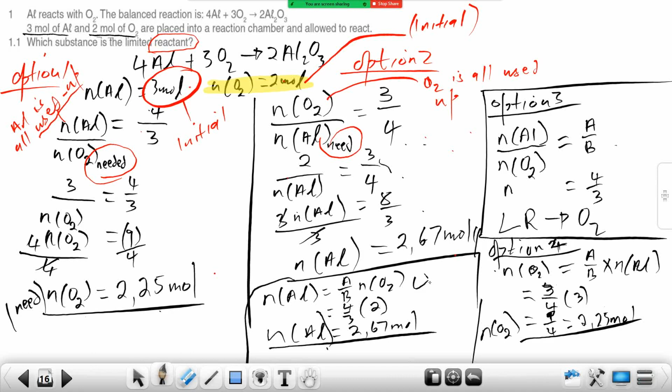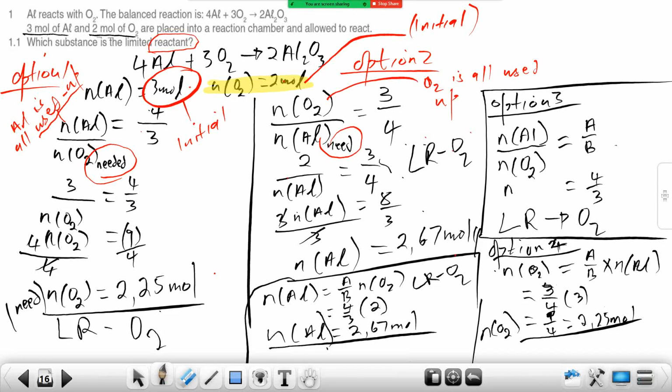So we can conclude, LR is oxygen. All these other methods, except yours, Ritabile, because yours does not show me the steps of how you eventually got to the final answer.